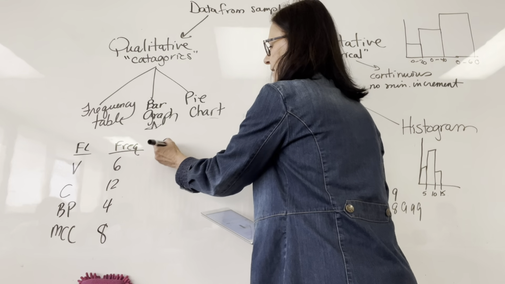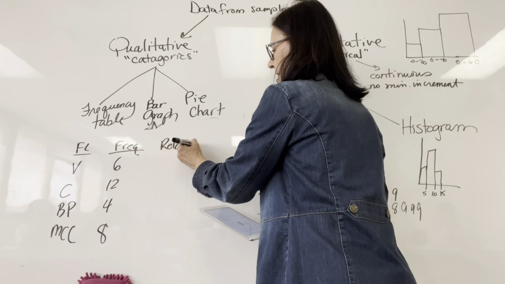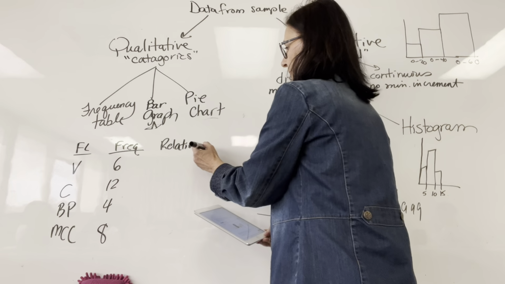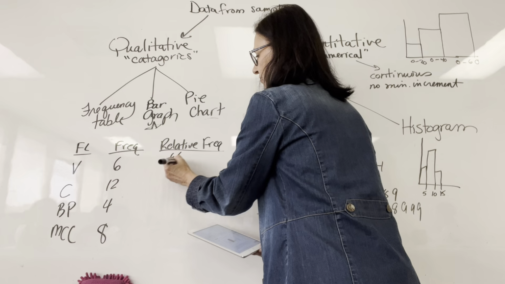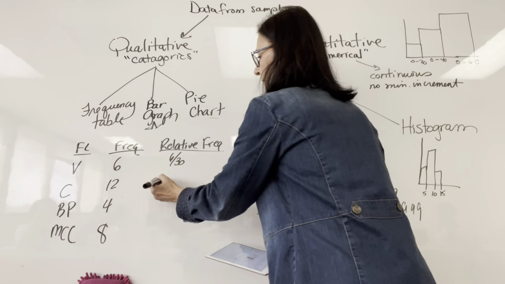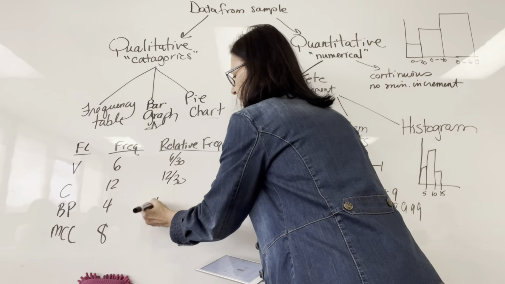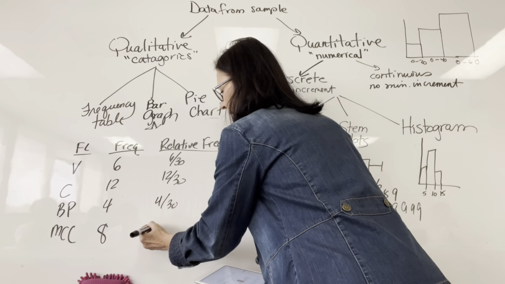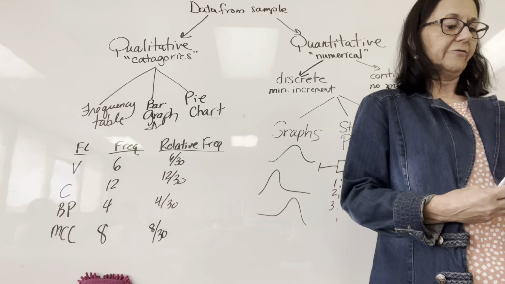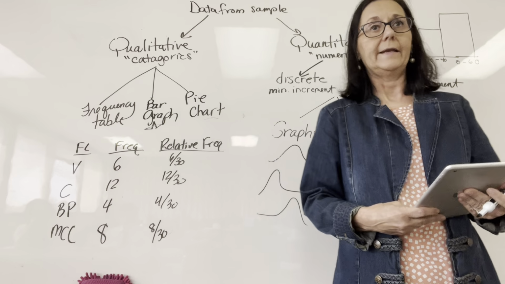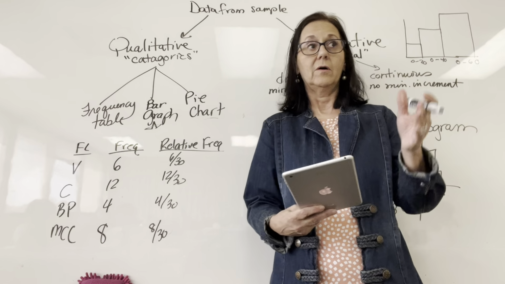The relative frequency is the ratio. So that's 6 out of 30, and you would simplify that. 12 out of 30, 4 out of 30, 8 out of 30. What must the sum of the relative frequencies be? 1. One whole number.